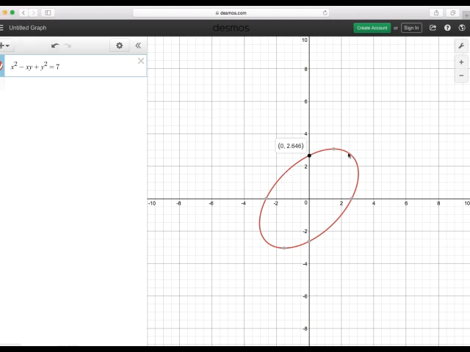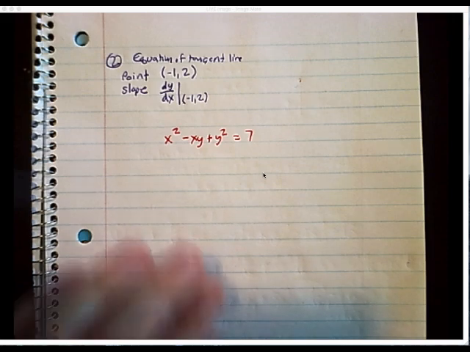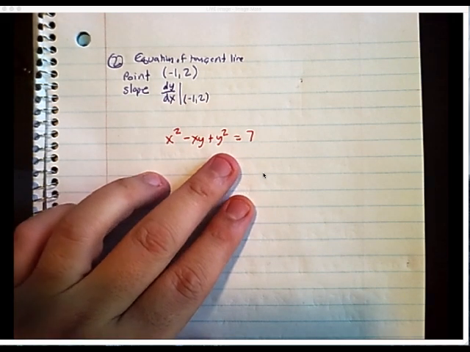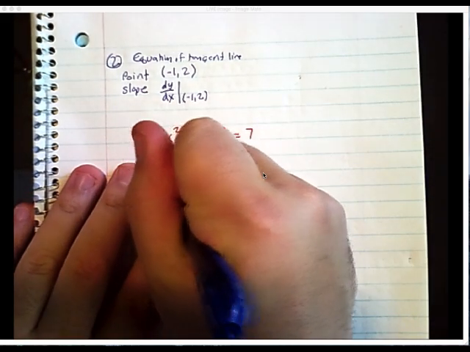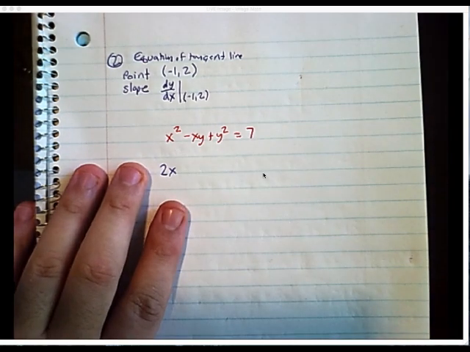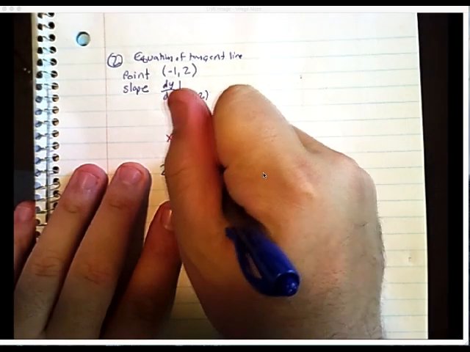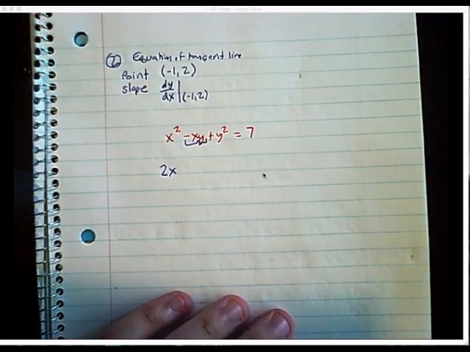Notice that this is not a function. Our graphing calculator won't do it for us. So I have to take the derivative of this so I can figure out this right here. So the derivative of x squared is 2x. You could put the dx over dx if you want to. I'm not going to. All right, now this thing right here is a product, so I have to use product rule.